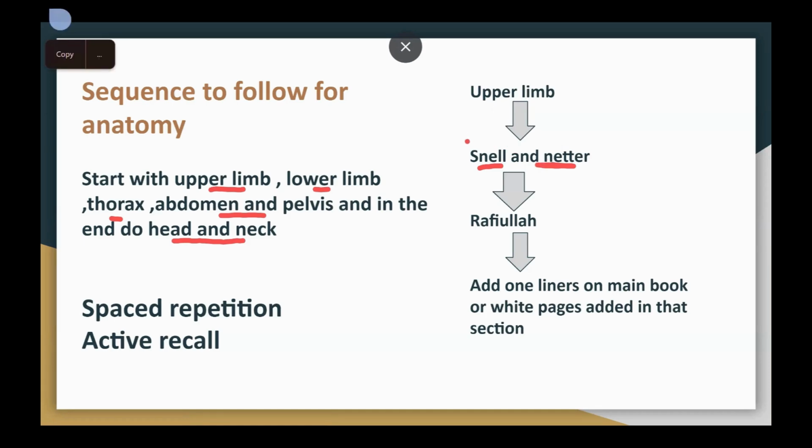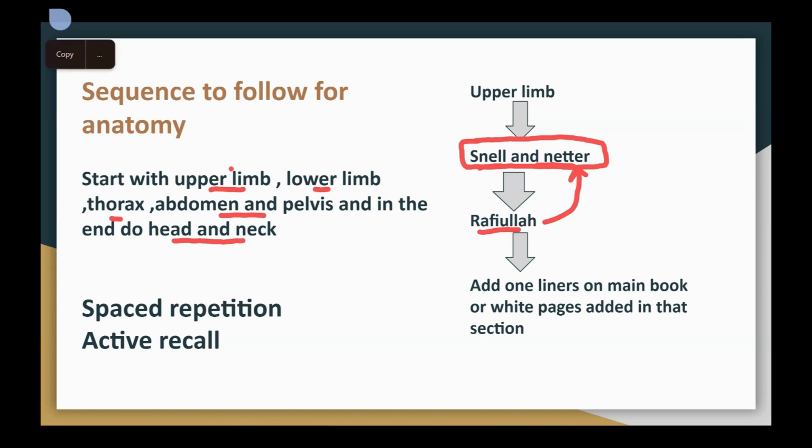Once you have done these two effectively, then go through the Rafula chapter in which the upper limb is described. Then add all the one-liners into these two books. So at the end, when next time you revise the upper limb, you will only need Snell and Netter, and that's all. It will save you a lot of time.